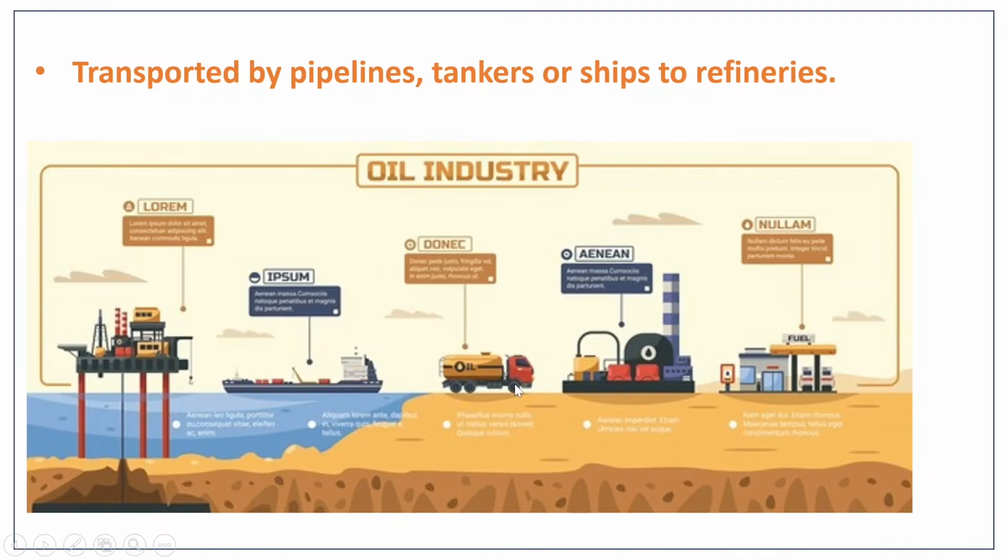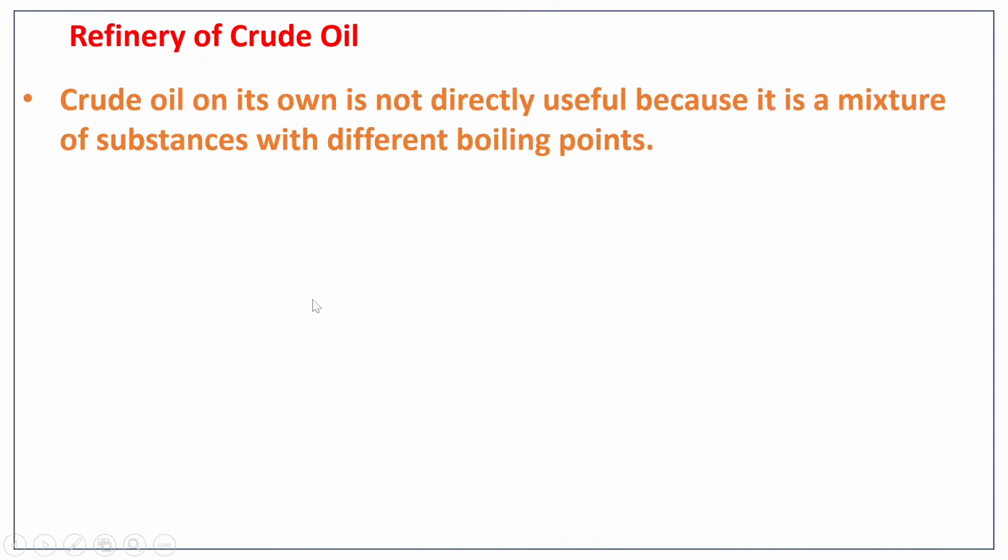So next, we look at the refinery of crude oil. Once it is extracted from the ground, the next step is to refine it so that it can be used for the purpose it is extracted for. So what is involved in a refinery of crude oil? Crude oil on its own is not directly useful because it is a mixture of substances with different boiling points.